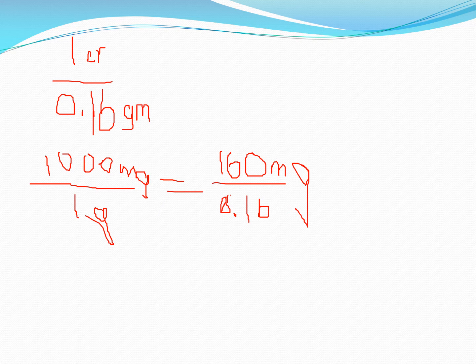Okay, now we are going to say that one cracker. We're looking at this problem a little bit differently. Just making sure we're using the same units. One cracker equals 160 milligrams.